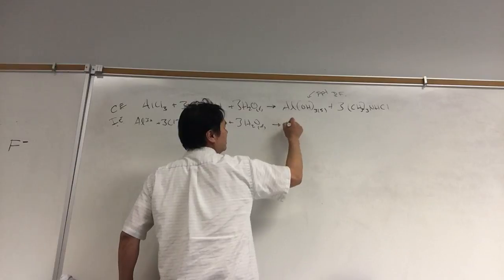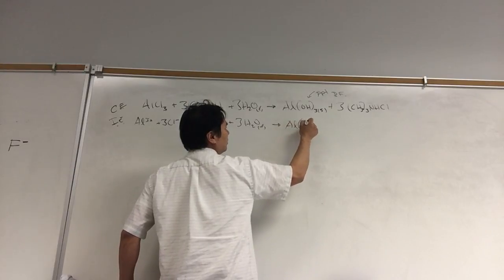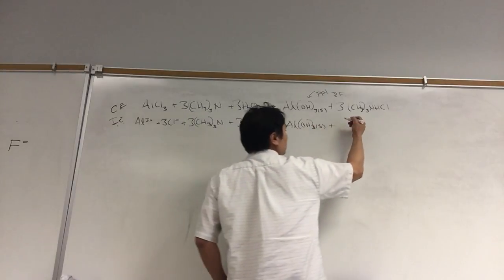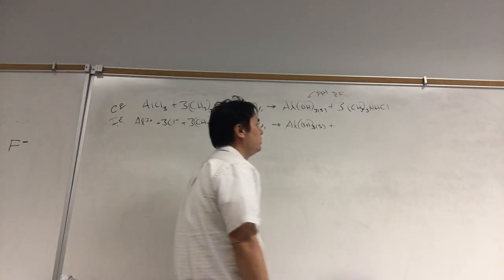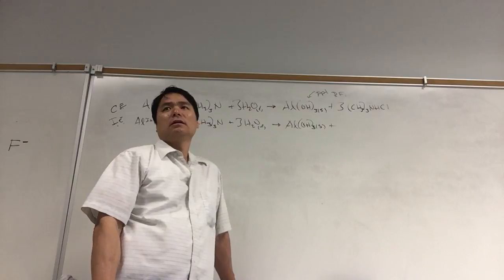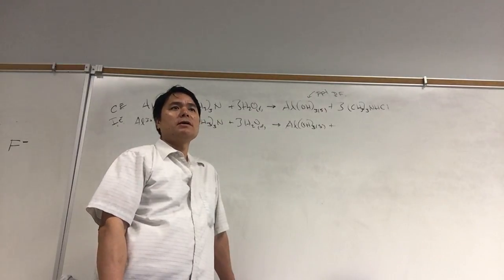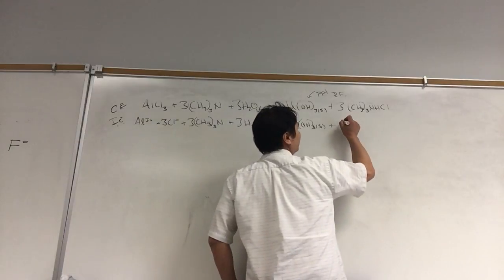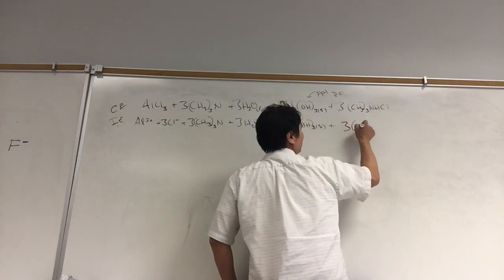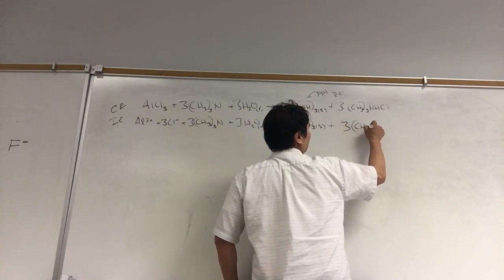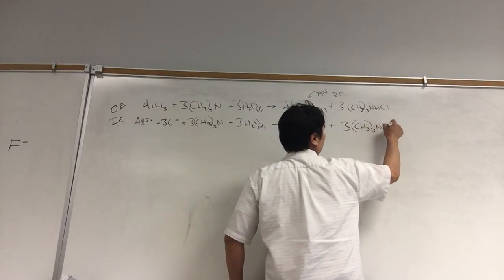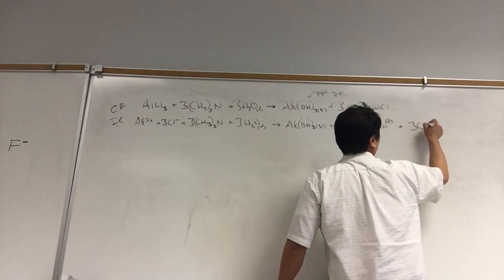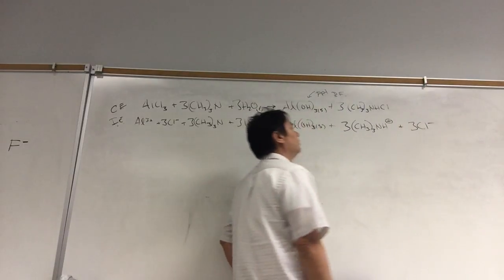Aluminum hydroxide is insoluble, so we don't do anything. Trimethyl ammonium chloride. Strong acid, strong base, soluble salt? Soluble salt. And so what does this give us? This is going to give us 3 trimethyl ammonium ions plus 3 chloride ions.